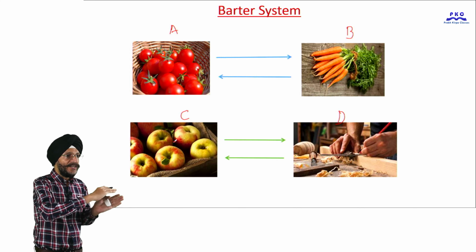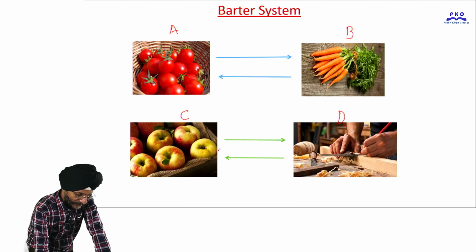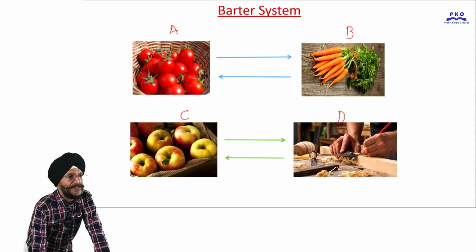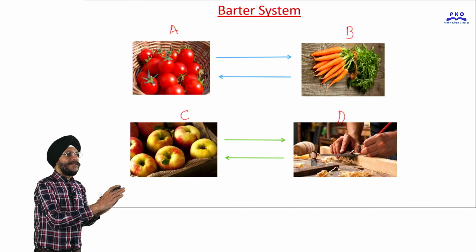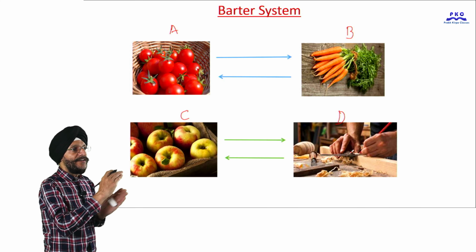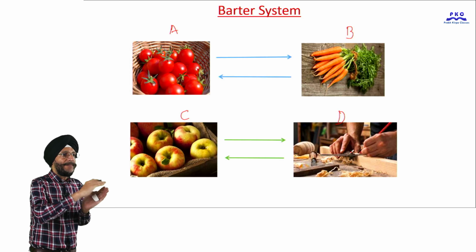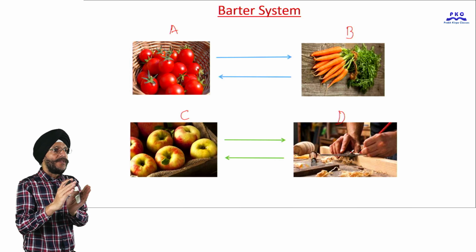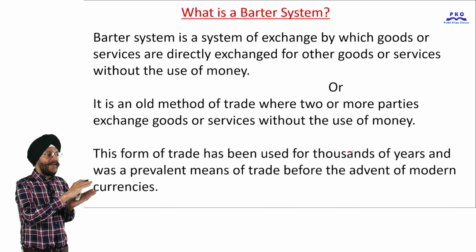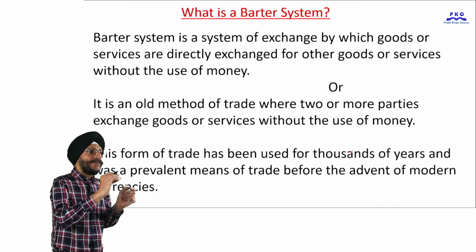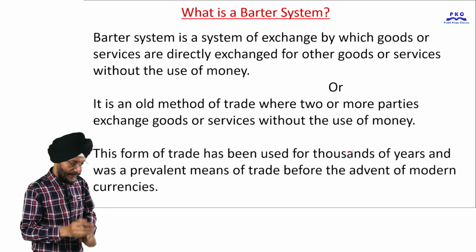This is exchange of goods with the services. Here the services are being rendered by the carpenter and the C will in return give some apples to the carpenter D.